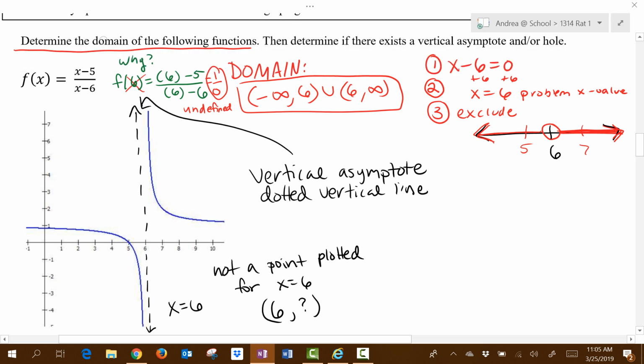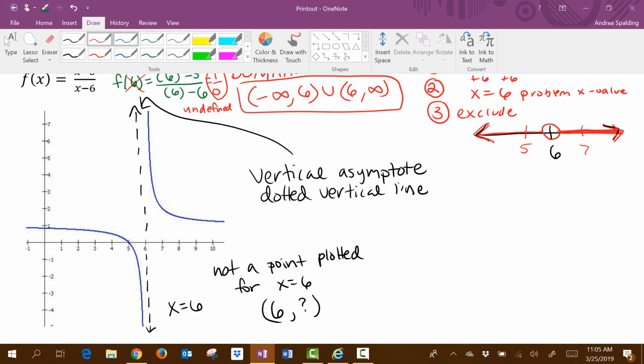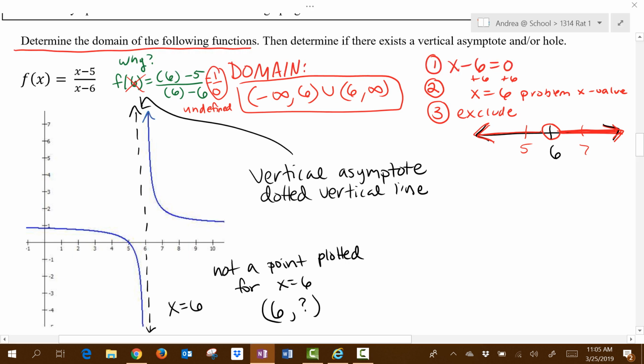Notice the behavior of the blue part of the actual graph on either side of that vertical asymptote. The graph actually seems to go parallel or right alongside near that vertical line, either going all the way up or going all the way down as we get close to x equals 6 on the graph. The graph itself goes practically vertical alongside of that vertical asymptote.